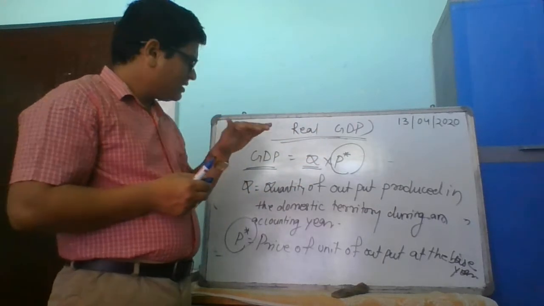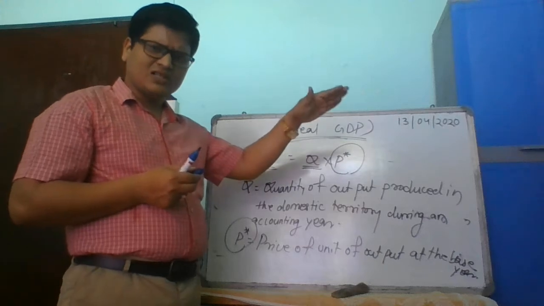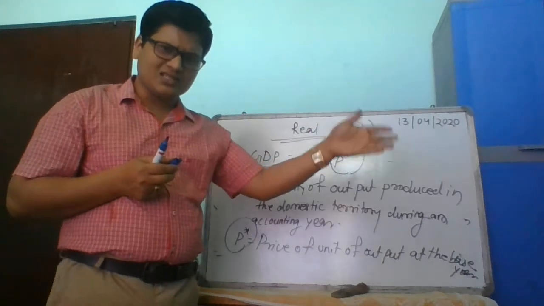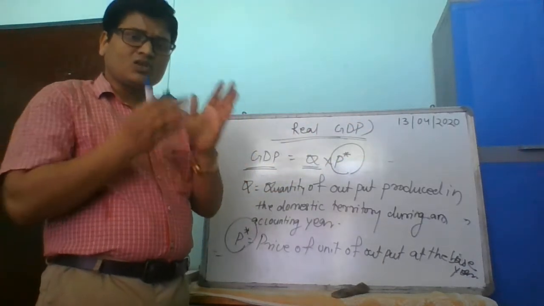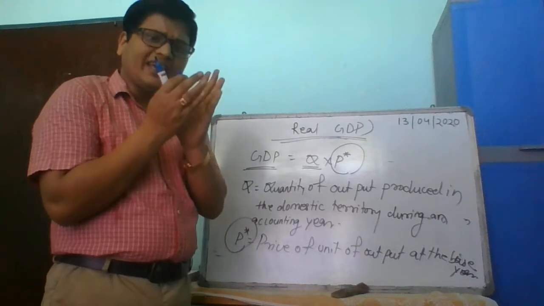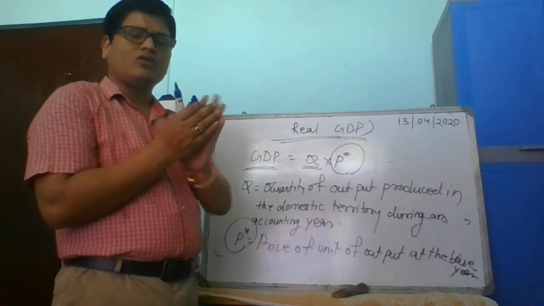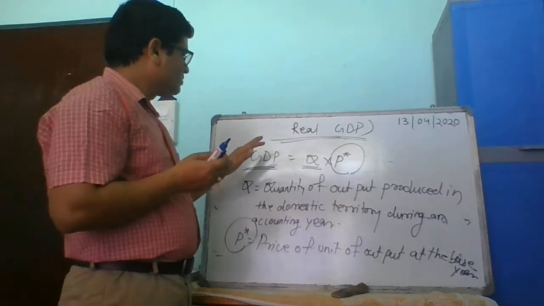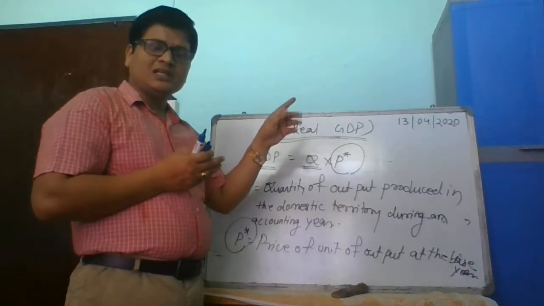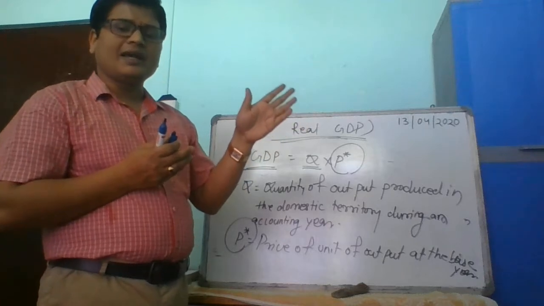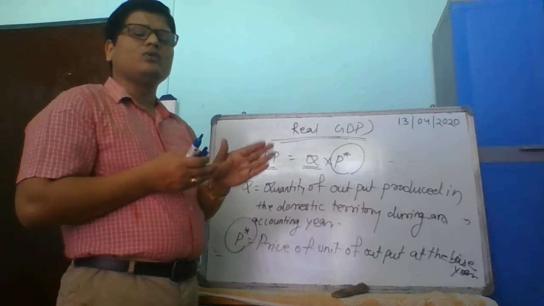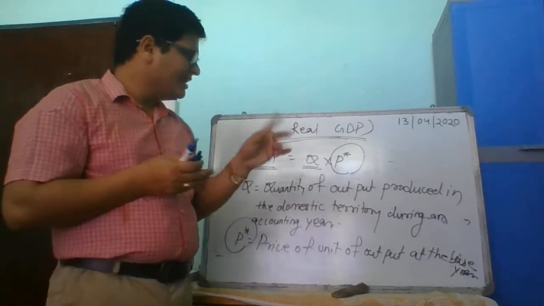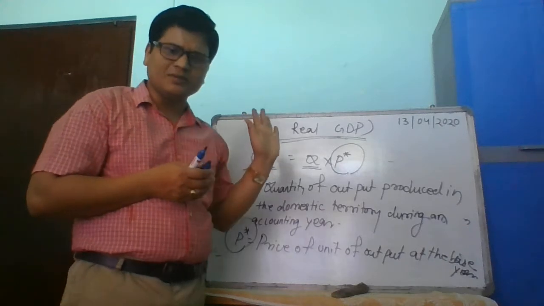Why? If GDP increases, that means output increases, then the share of each individual from the output also increases. So real GDP is a good indicator of welfare in comparison to nominal GDP.